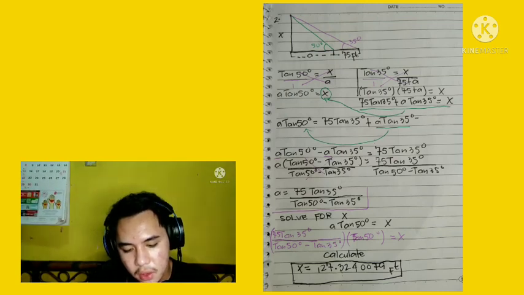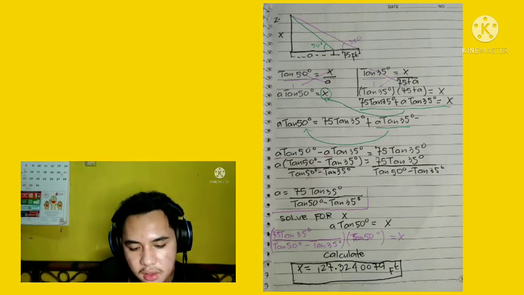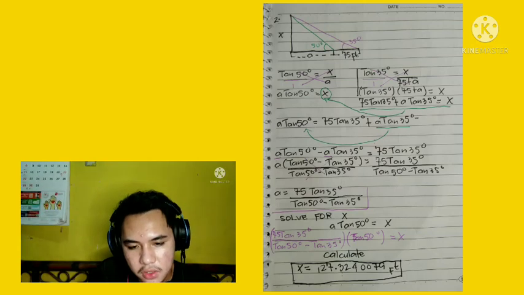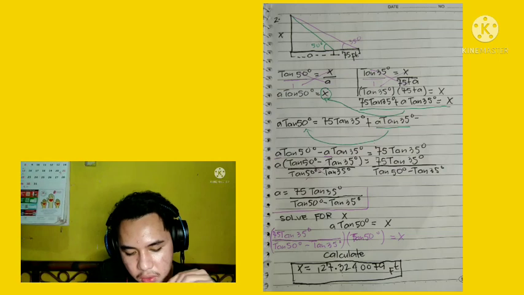So to solve for our x, we have here our first equation, which is a tangent 50 degrees equals x. So we just put our a here, or substitute.